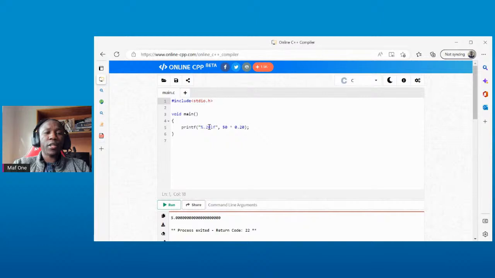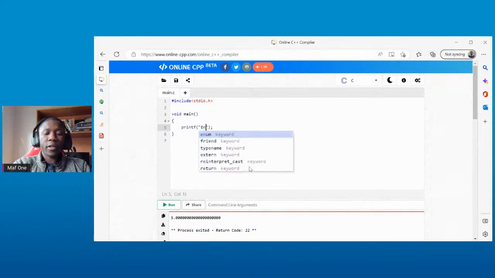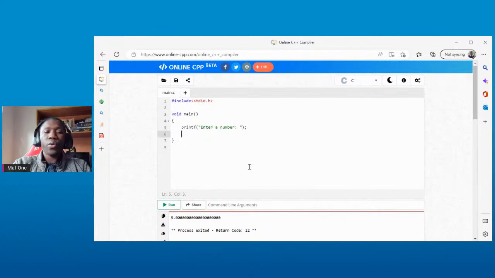Imagine that the exercise is telling us to ask for a number, enter a number. The user is going to enter a number, and then we need to scanf that number. We need the position in the memory of that number. But where's the number?